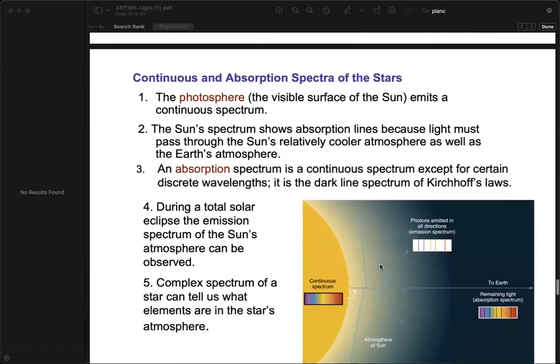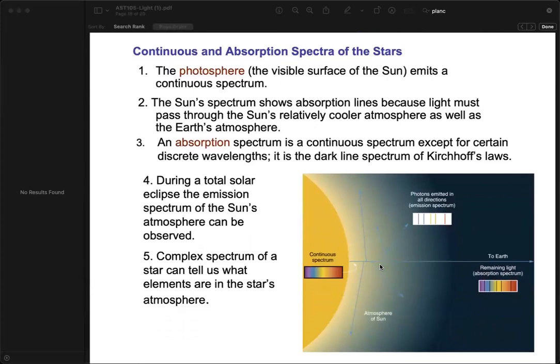How do we use this? So let's look at the sun. The surface of the sun, which is the visible surface of the sun, called the photosphere, emits a continuous spectrum. But as it is getting away from the photosphere, there is an atmosphere of the sun which has a colder gas, particularly hydrogen. And so it absorbs some of the wavelengths.